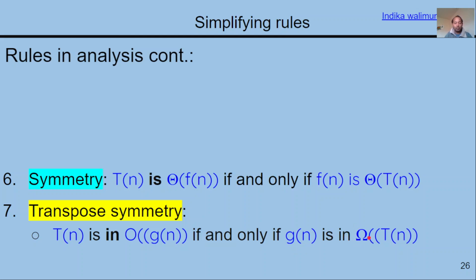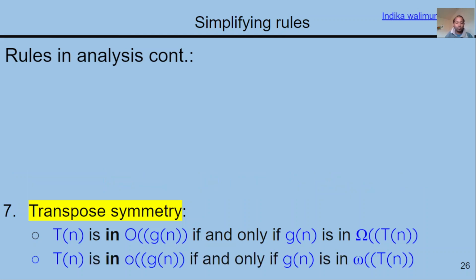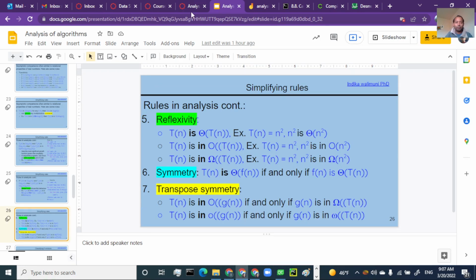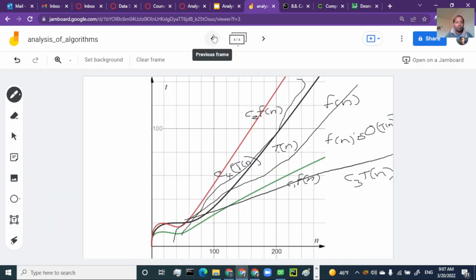So let's prove this as well. I'm going to finish the slide and then we're going to prove both of them. And the other way around, if T(n) is in small o of G(n), that happens if and only if G(n) is in small omega of T(n). Let's talk about that as well in the Jamboard.